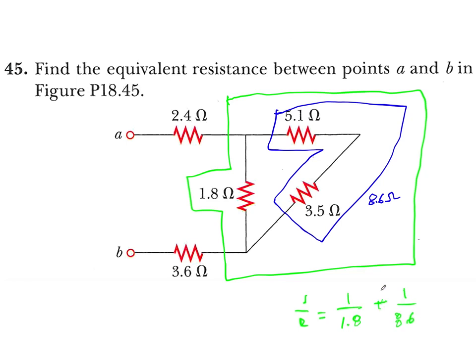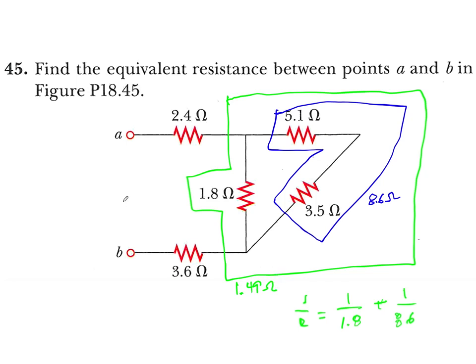Forgive me for a second, I'm going to grab my Inspire. And 1 divided by 1.8 plus 1 divided by 8.6 gives us that, and the reciprocal of that answer is, all right, so all of this together is 1.49 ohms to 3 sig figs.